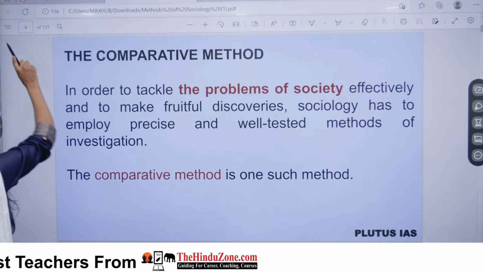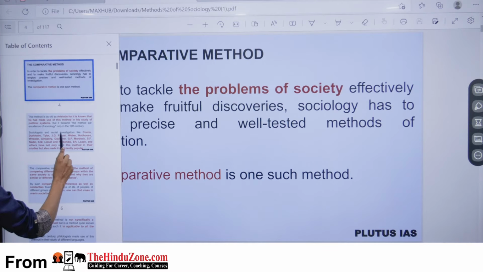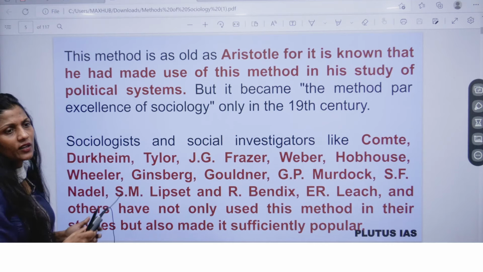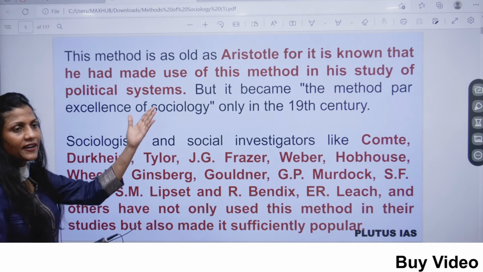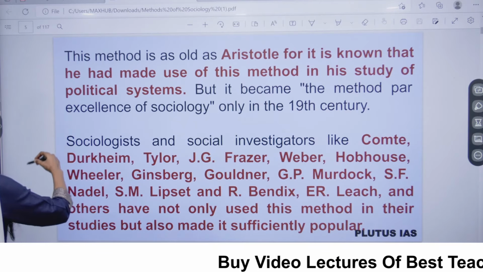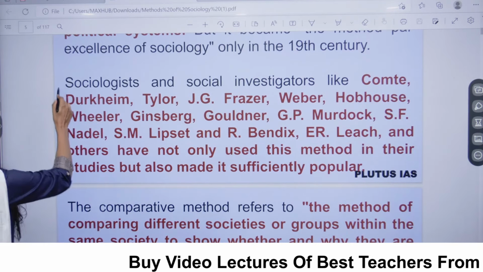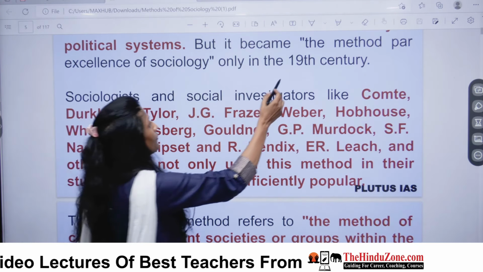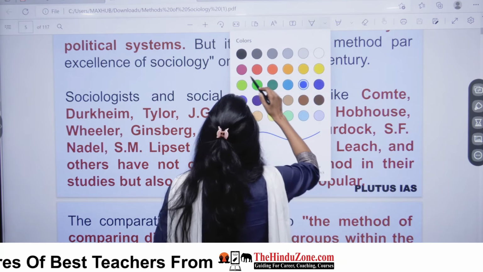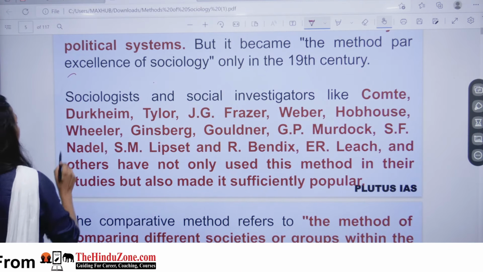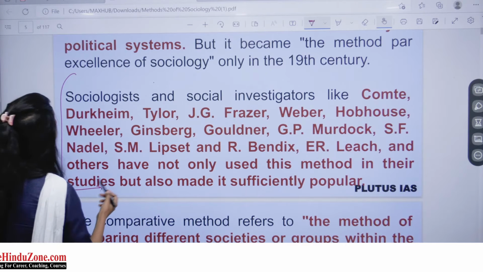So I'm skipping all this. Aristotle is known for using the comparative method while understanding different political systems. Then we have too many sociologists who have used this method. The comparison method is one such great method on which everyone conducts their research.